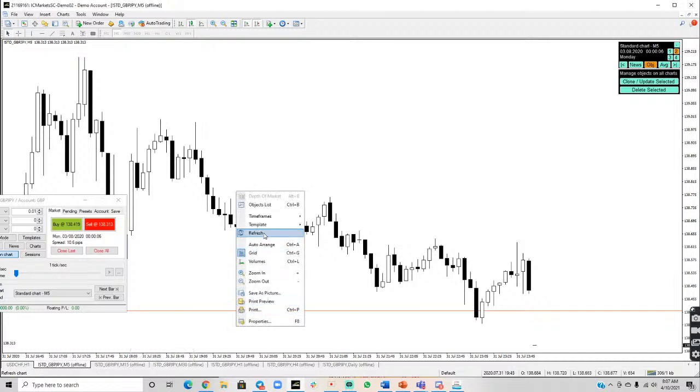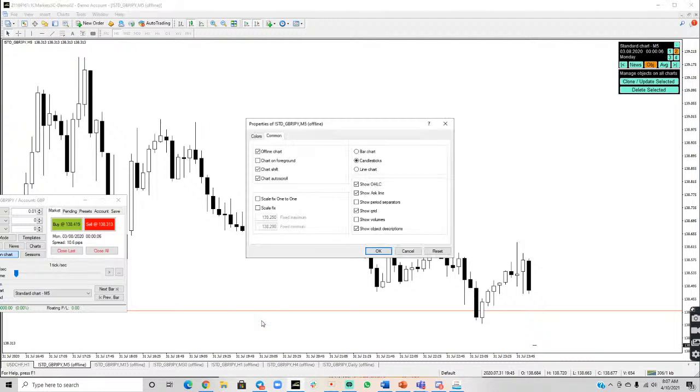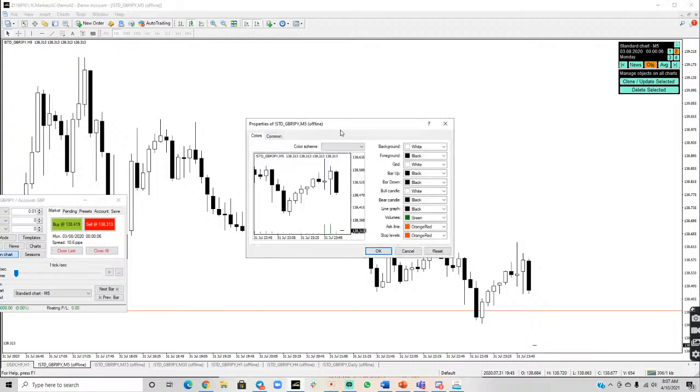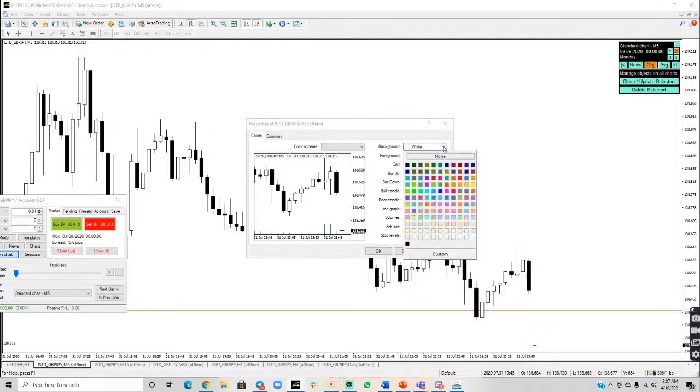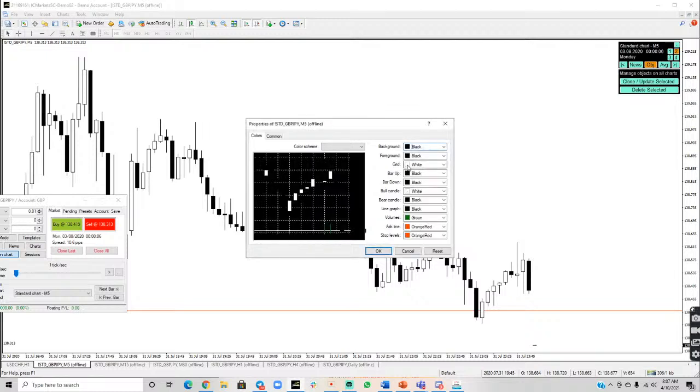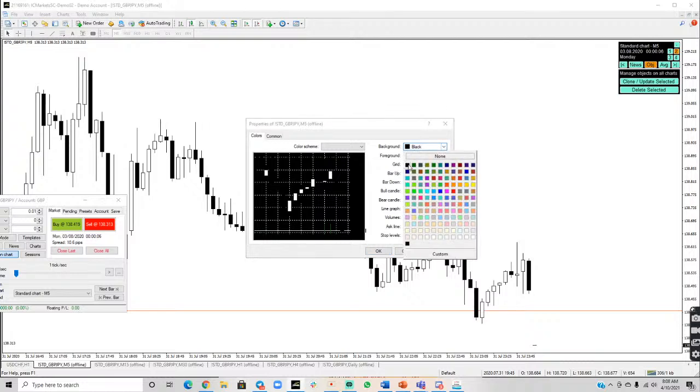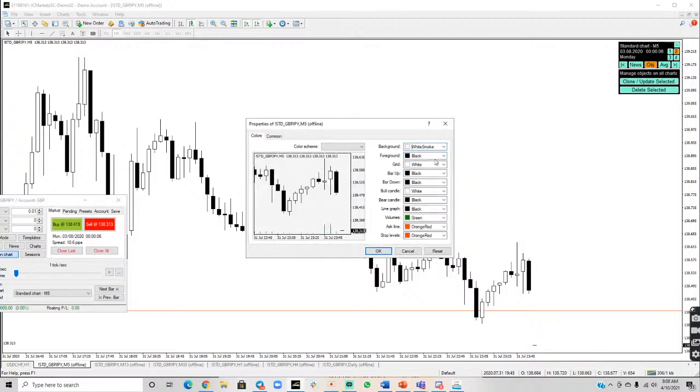All right, so what I need to do right here: foreground is white, grid. Need to change the grid color to red.